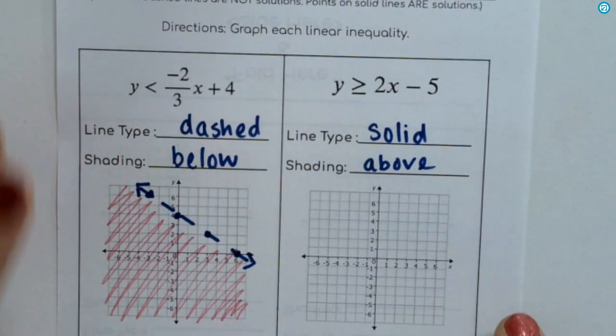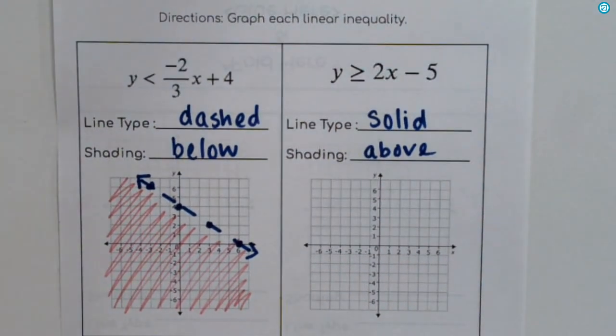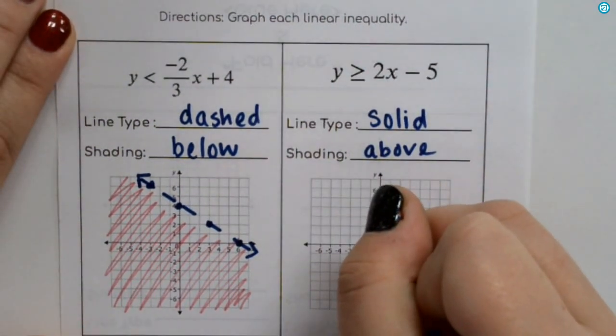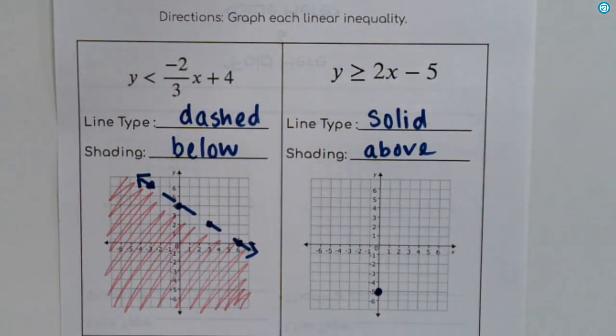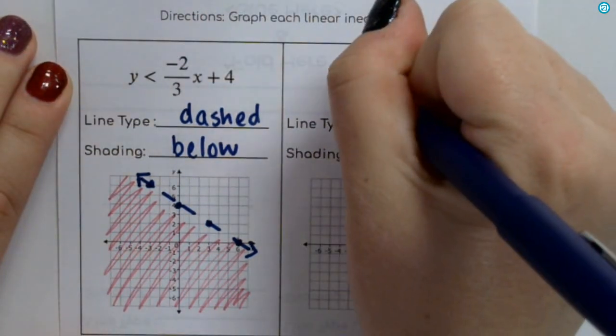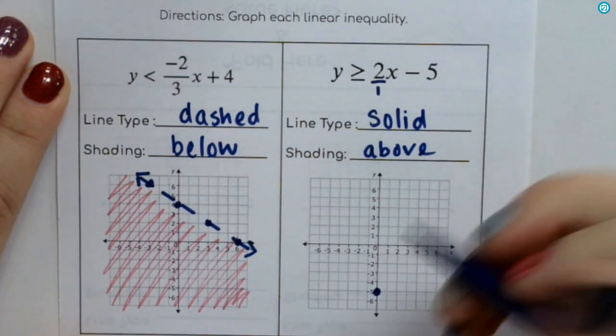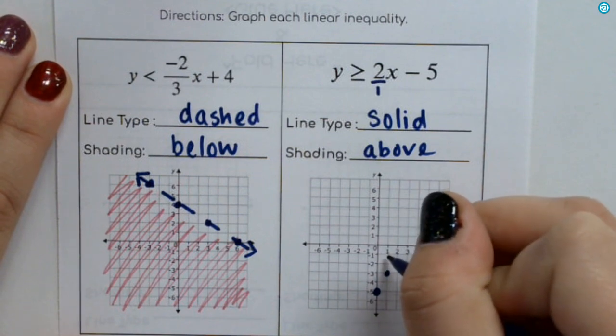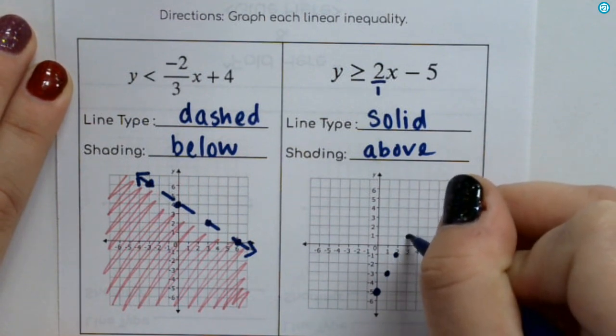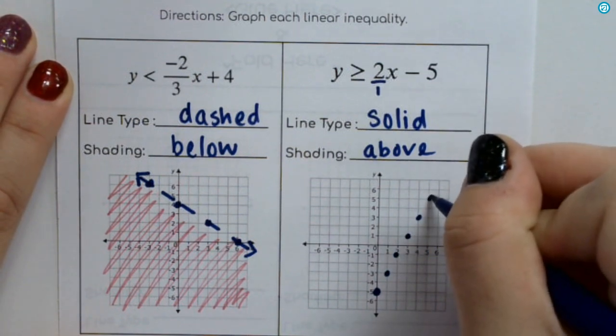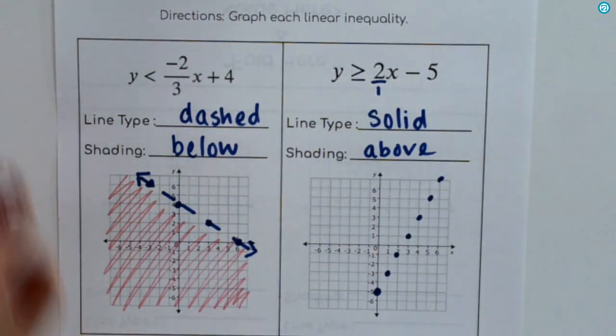Okay, so I'm going to graph this. I start at -5. And then my slope is 2, which as a fraction would be 2 over 1. So I go up 2, right 1, up 2, right 1. And I'm going to keep going all the way across my graph to make it easier for me to connect my line.